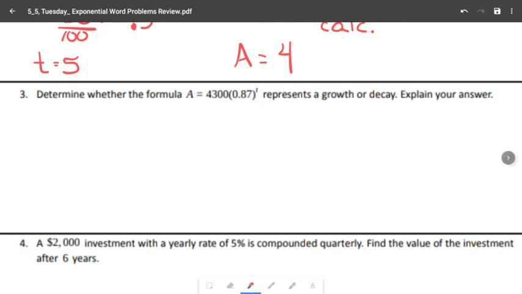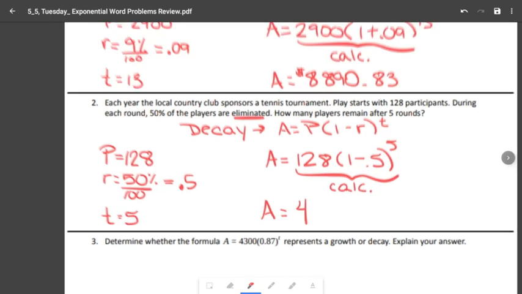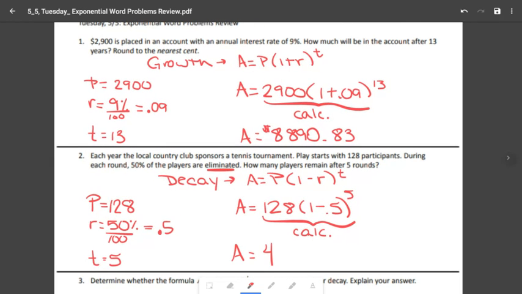Next, question 3. Determine whether this formula represents a growth or decay. Explain your answer. So if we go back, we did a growth and decay just now with questions 1 and 2.